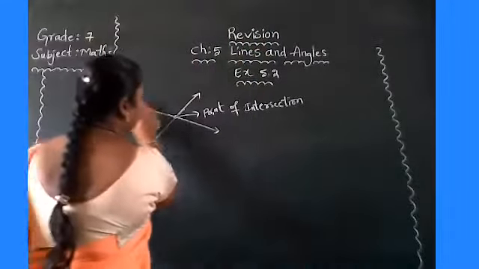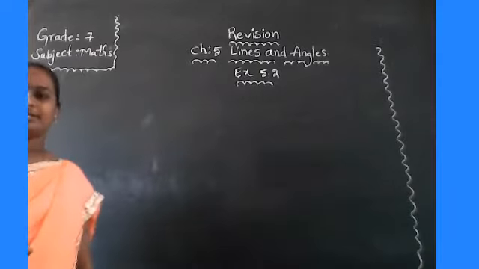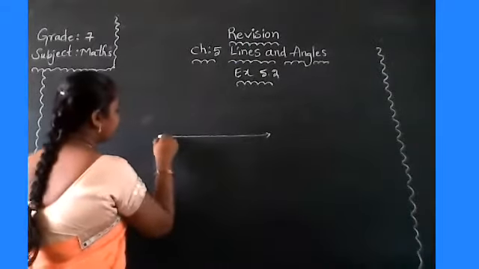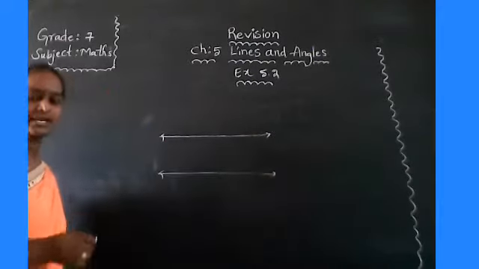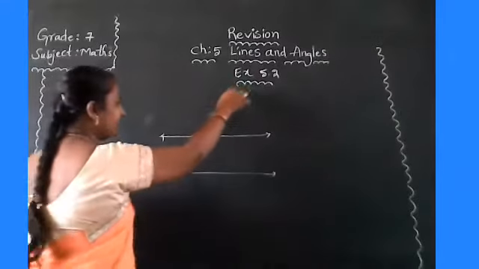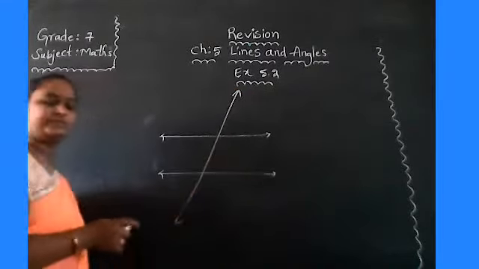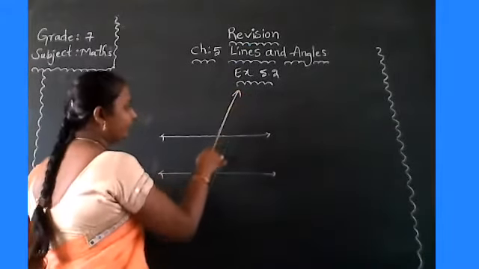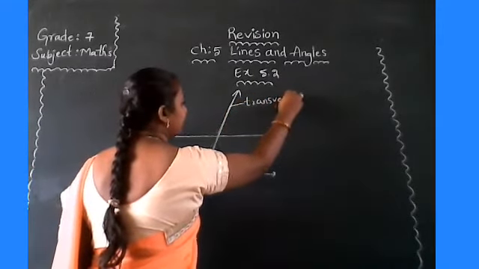Okay, next children, if one line cuts two or more lines at distinct points. Suppose this is one line and one more line. These are two parallel lines. So one line cuts the two lines at distinct points. So this line is called a transversal.